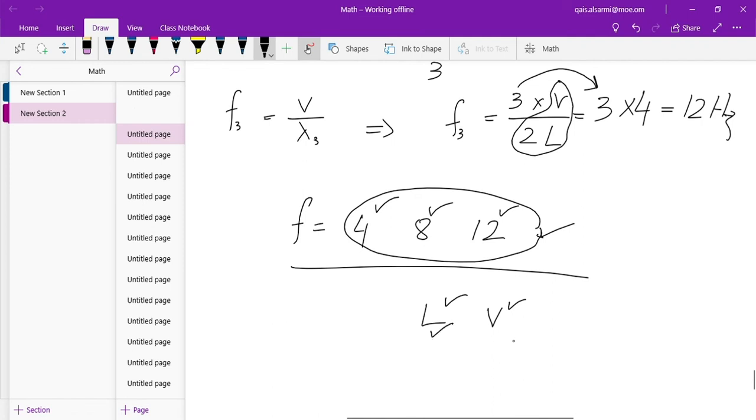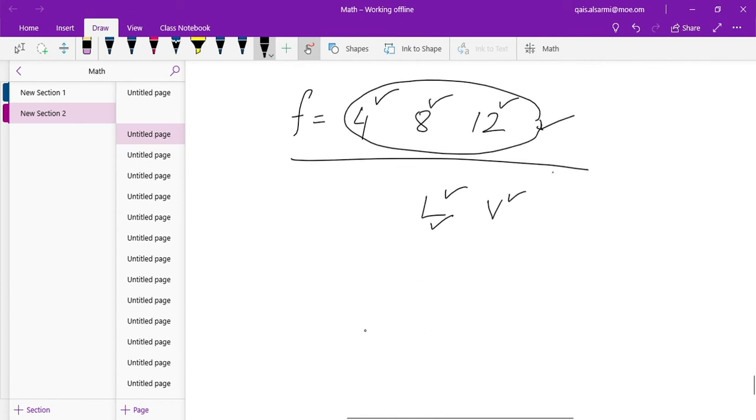Obviously, if you change the length of the string, or if you change the tension in the string, which will change the velocity, these values will change, but again you will find a new set of discrete values for the frequency. So the final conclusion about frequency is that frequency can have some discrete set of values for which you can form a standing wave in a string.